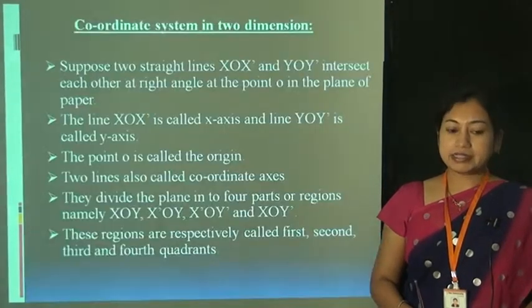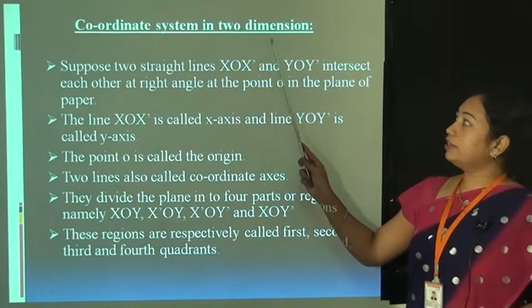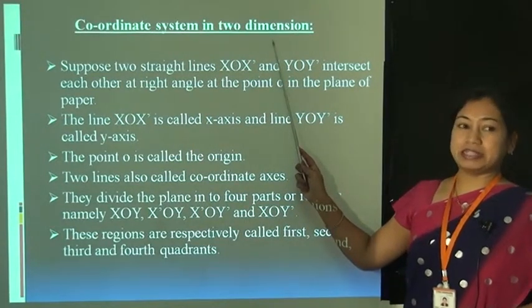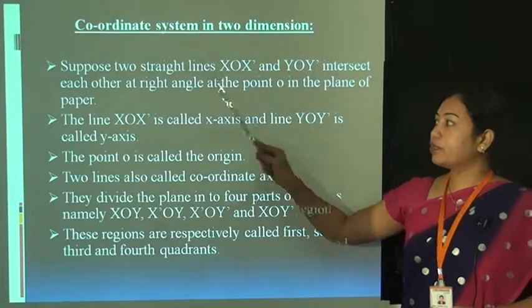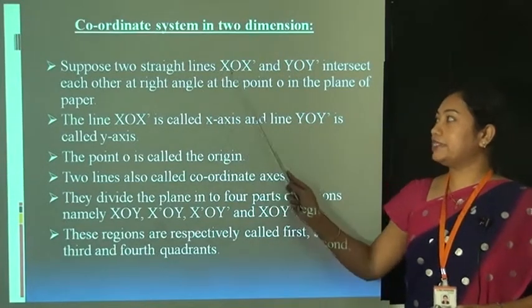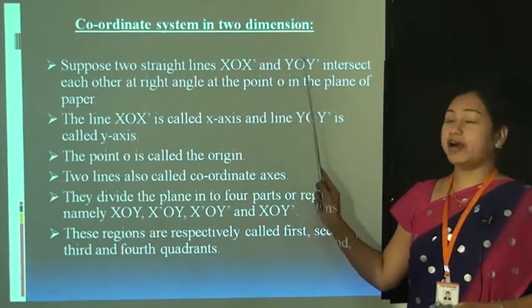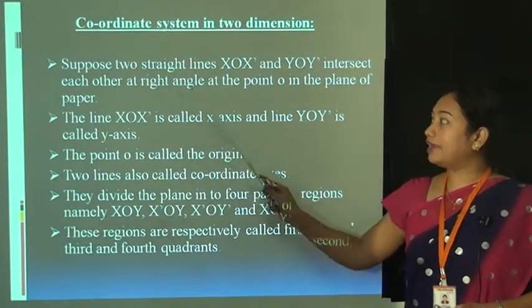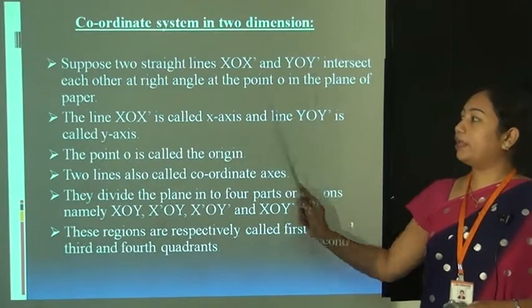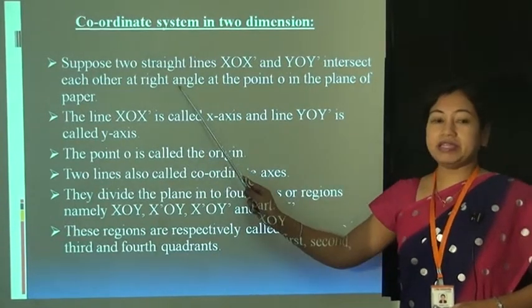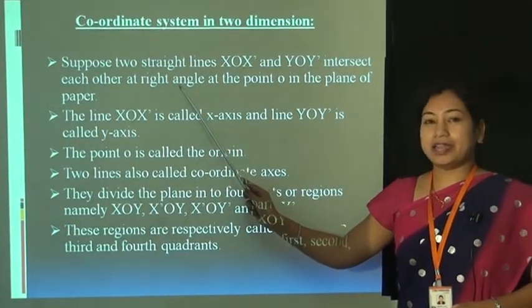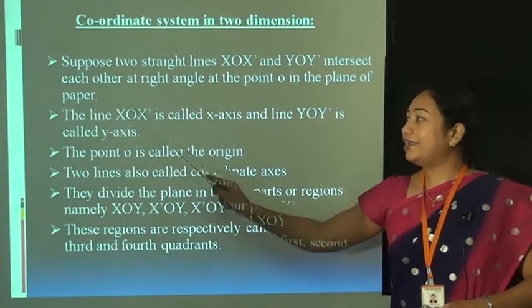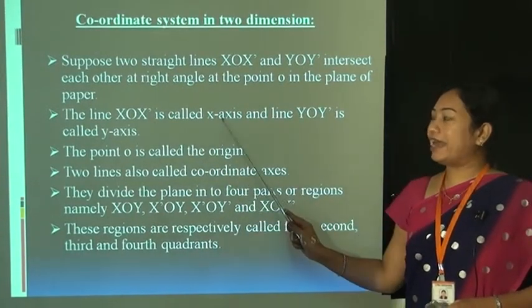First point is the coordinate system in two dimensions, that means in two axes, x and y. Now suppose two straight lines XOX' and YOY' intersect each other at right angle at the point O in the plane of paper. Right angle means they intersect each other at 90 degrees. The line XOX' is called the x axis.